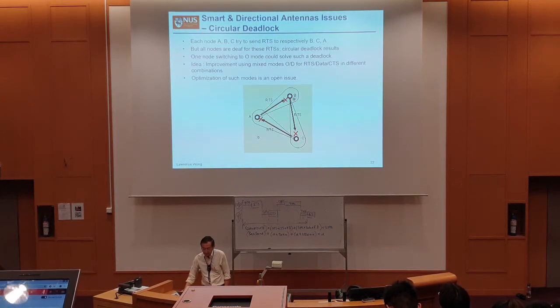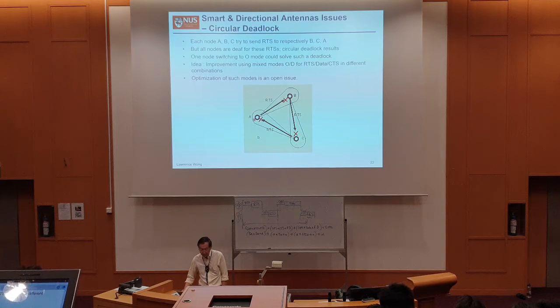Same for here. B wants to send the RTS to C, but C is looking in this direction, so it didn't hear the RTS. Finally, C wants to send the RTS to A, but A is looking in the northeasterly direction, so he did not hear this RTS. So this is called circular deadlock. Everybody is looking in the wrong direction.